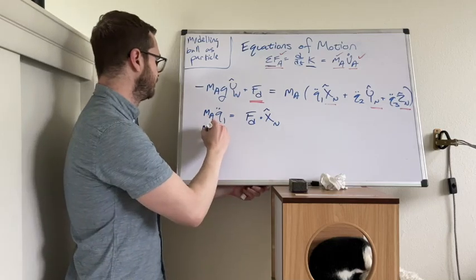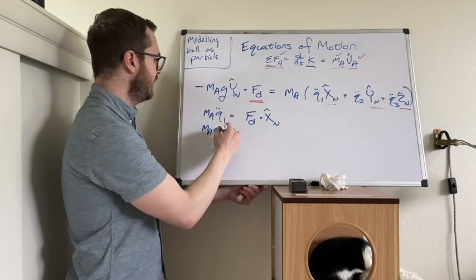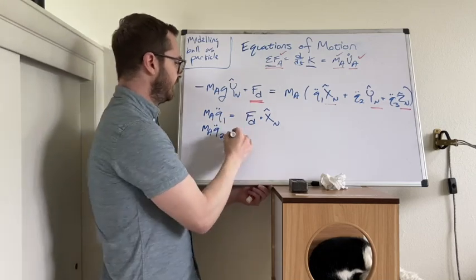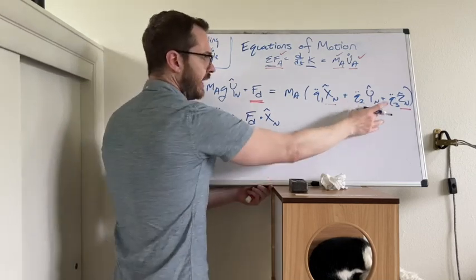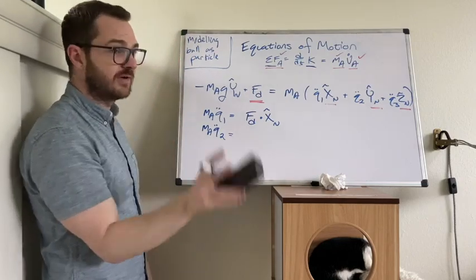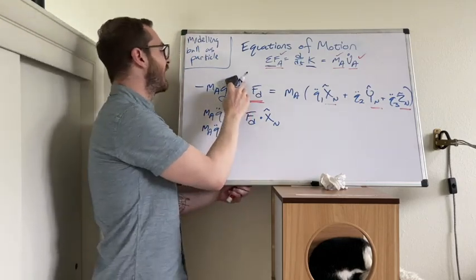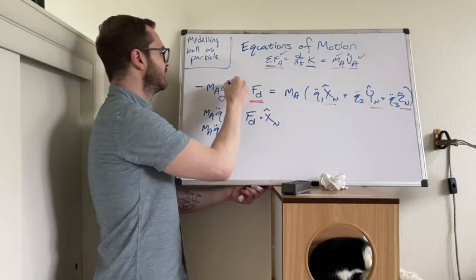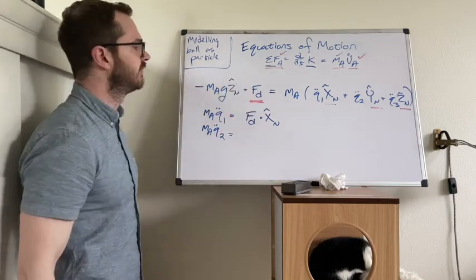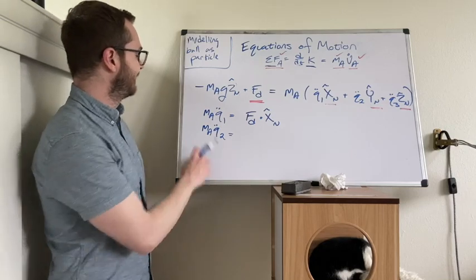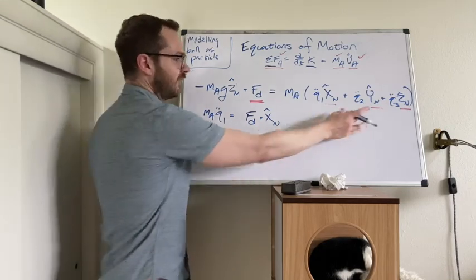Next, m a q2 double dot. This is the y hat n term, and tell you what, I just realized something. Since we're dealing with a 3D problem, let's put the gravity in the z direction. There we go, quick fix. We haven't gone too far in, so I think this is okay. So m a q2 double dot, this was the y hat n.